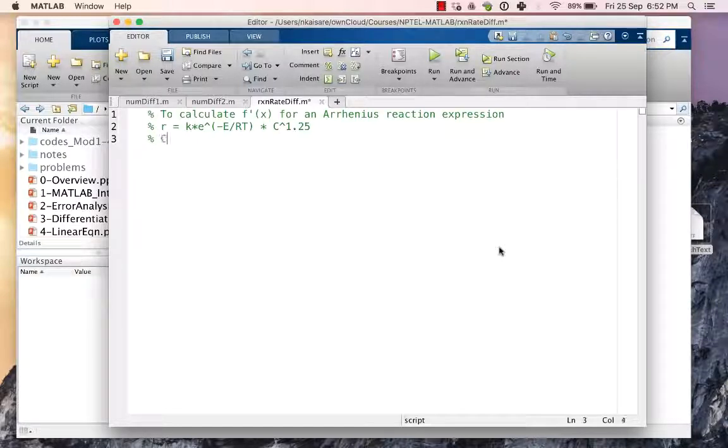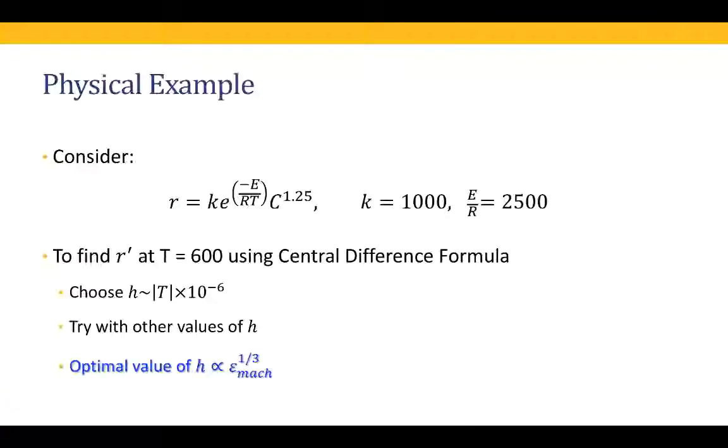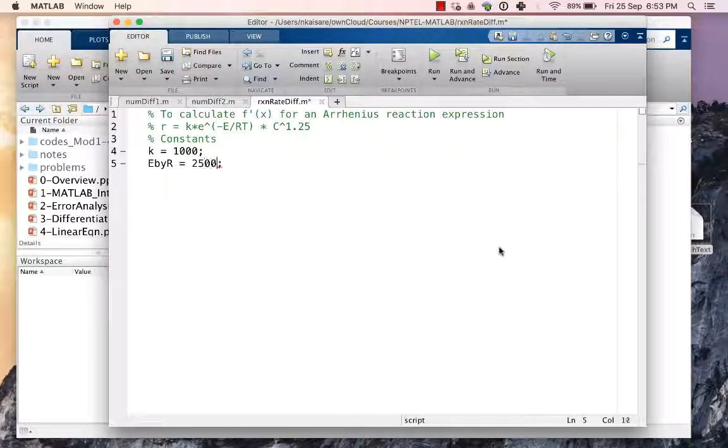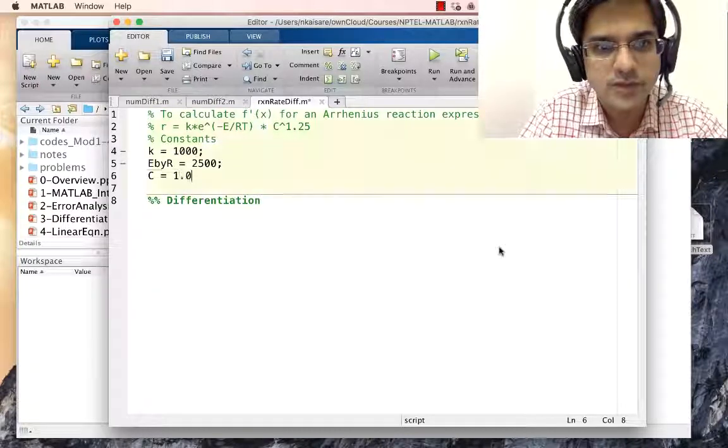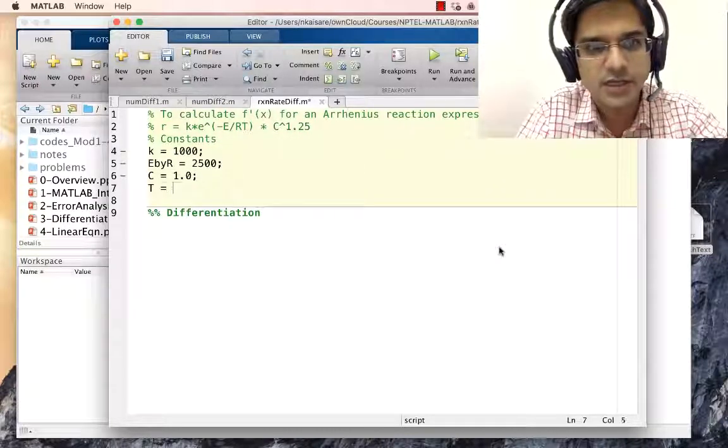Constants: K equal to 1000 and E by R equal to 2500. Differentiation: do this at C equal to 1.0 and T equal to 600.